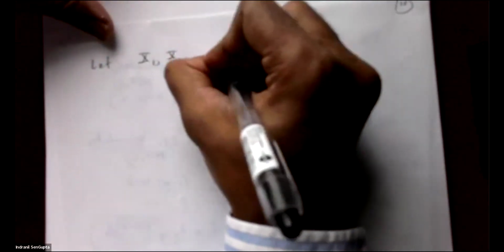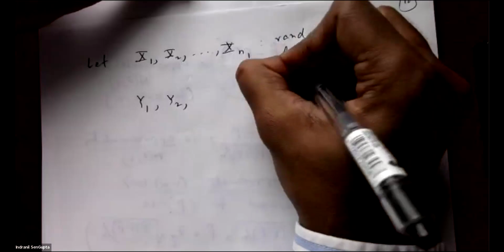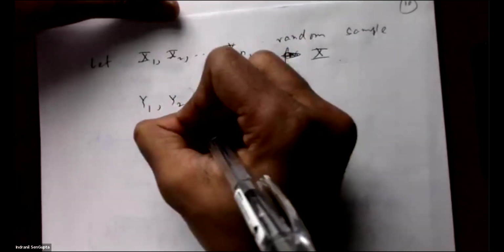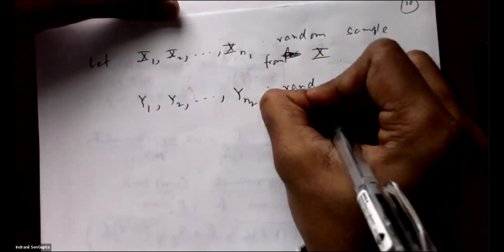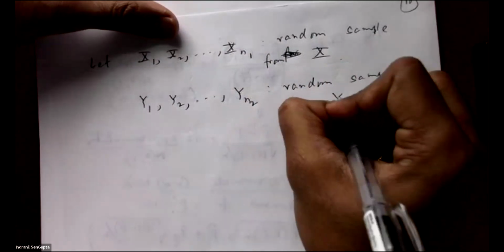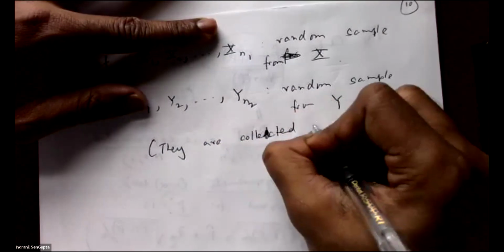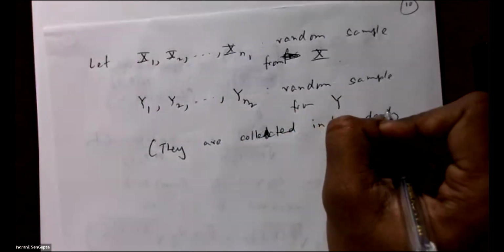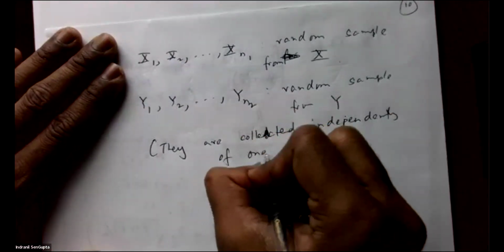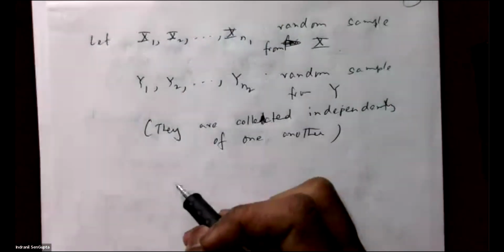Let X1, X2, up to X n1 be a random sample from the distribution X, and Y1, Y2, up to Y n2 be a random sample from Y. They are collected independently of one another, meaning that X and Y are independent and all the samples are independent.